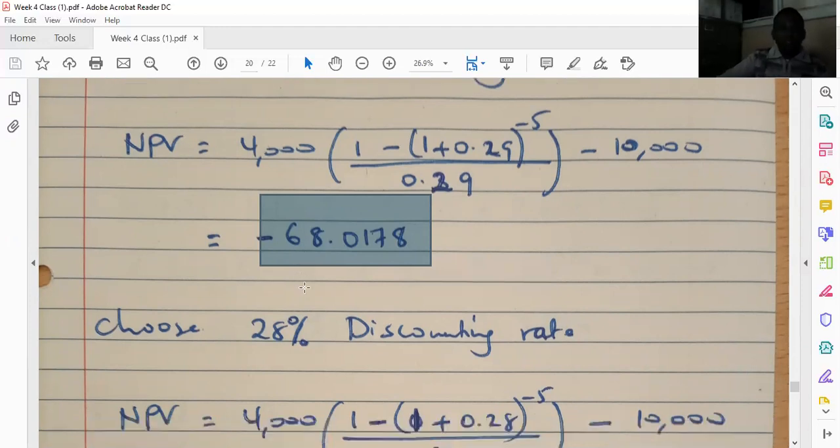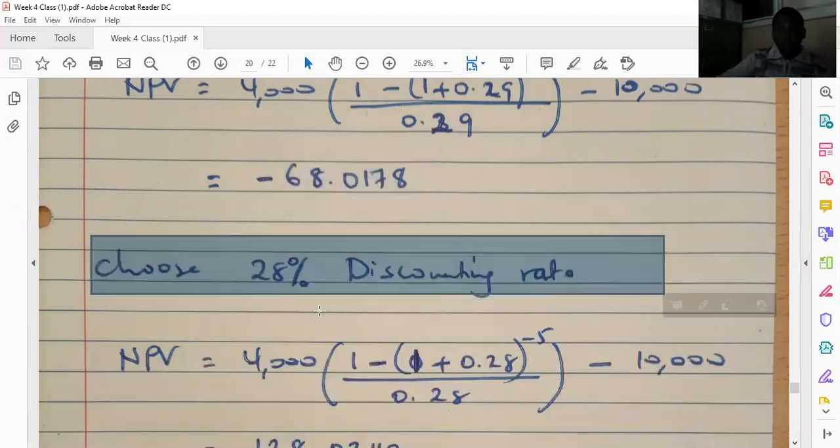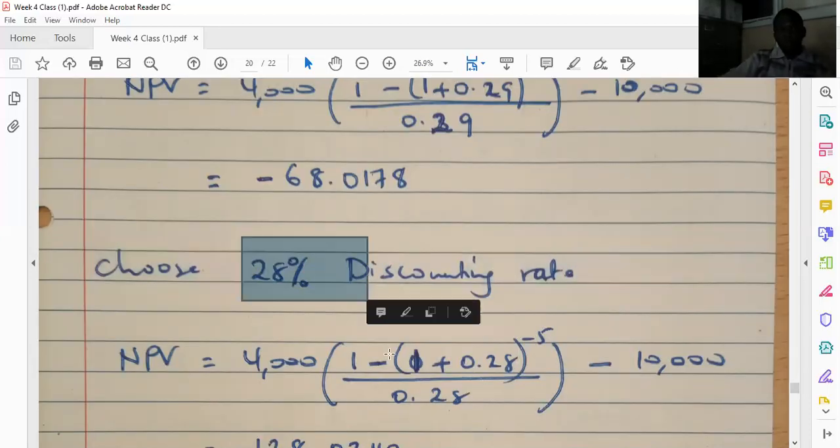So we try another lower discounting rate. We are looking for a discounting rate now that will give us a positive NPV. So we go for a lower discounting rate, in this case 28%.